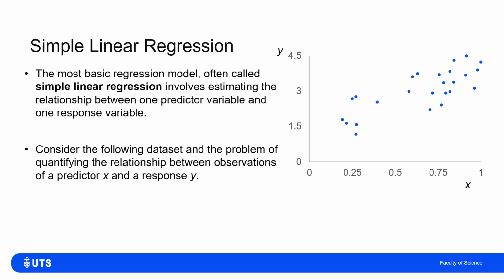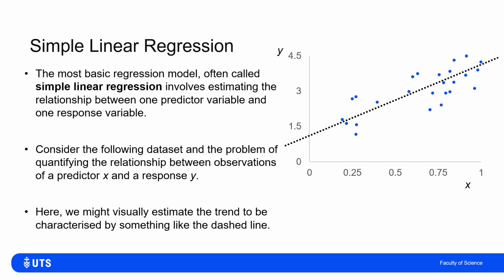If you were asked to draw a straight trend line through that, I think most people would see where that's going. Larger x's associated with larger y's. And it would look something like that visually. Now that dotted black line is placed there because I looked at the picture and thought, I think that looks okay.